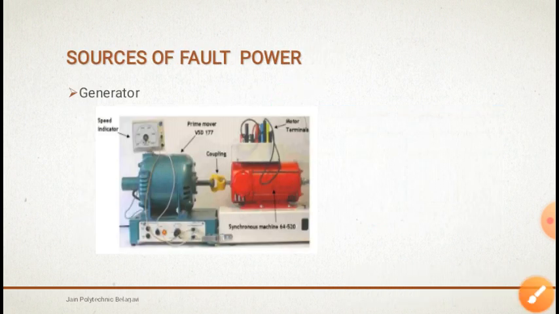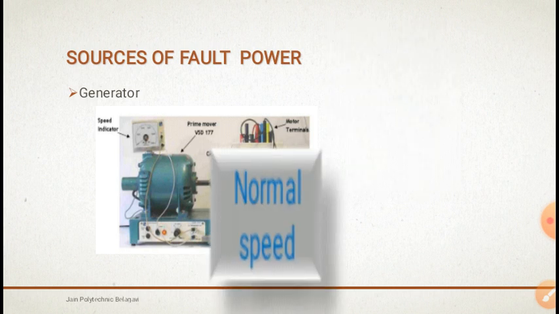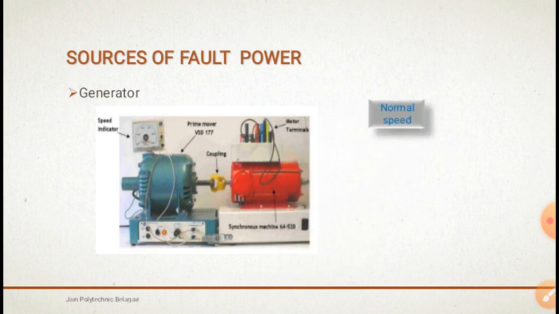Now we'll see the sources of fault power. There are three sources of fault power: generator, synchronous motor and induction motor. Usually the generators are driven by prime movers. When a short circuit occurs, the generators continue to run at normal speed and the excitation is also maintained.